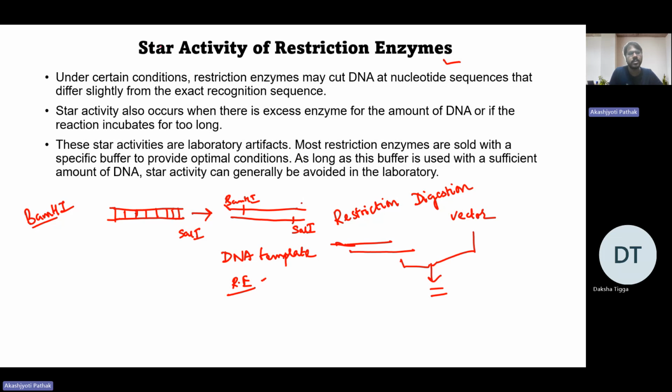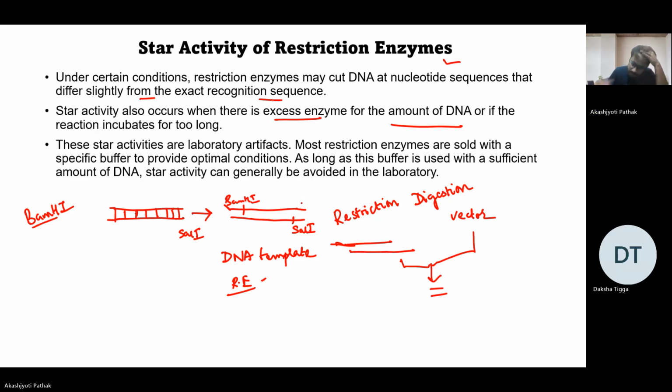So star activity occurs when there is excess enzyme for the amount of DNA. Compared to your DNA template, if you have added an excess amount of restriction enzyme, it will cleave at nucleotide sequences that differ slightly from the exact recognition sequence.